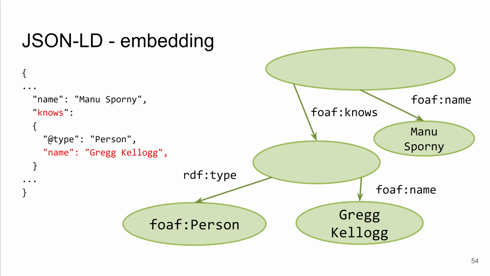So here on the top level we have a blank node with both name and knows, and the value of knows is another blank node of a type person and name Greg Kellogg. So here the JSON nested objects work quite naturally as embedded RDF resources.